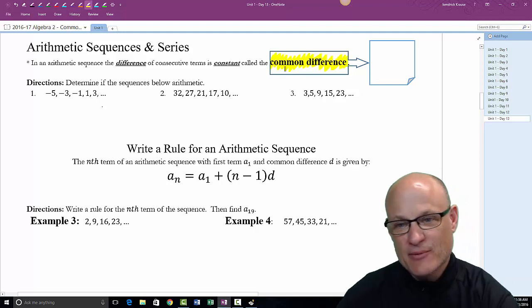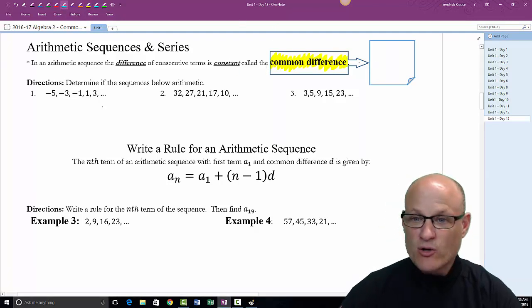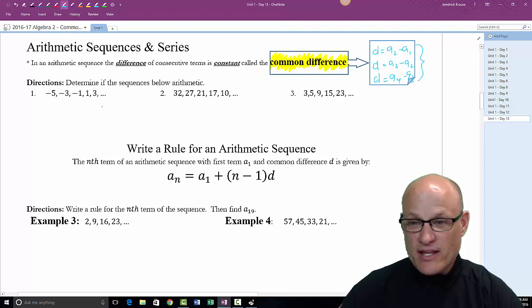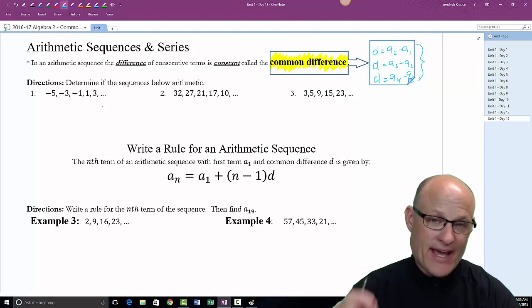You can find that common difference very simply by taking, we always use the D, D equals A sub 2 minus A sub 1. You can also do D equals A sub 3 minus A sub 2, or D equals A sub 4 minus A sub 3. They always have to have the same difference. If it's an arithmetic sequence, the difference between the terms has to be the same.